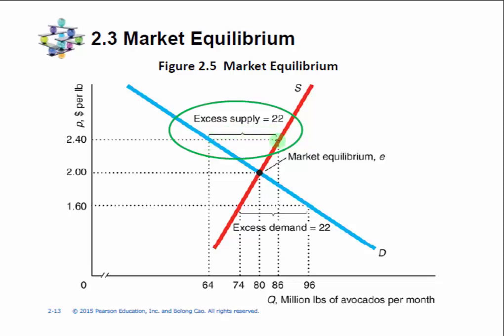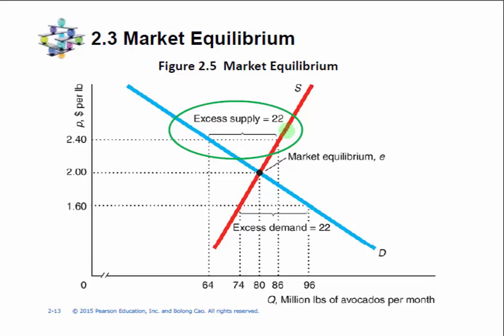And this is basically the firms finding that they cannot sell all of the avocados they put on the shelves in the supermarkets, right? Each time the consumers go to the supermarket, they just see a lot of nearly rotten avocados on the shelves, and they see the price is still $2.40. It's still too high. They don't want to buy that many.